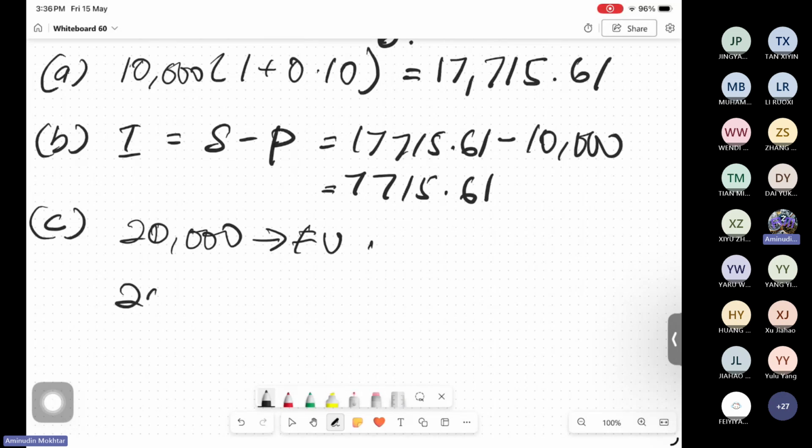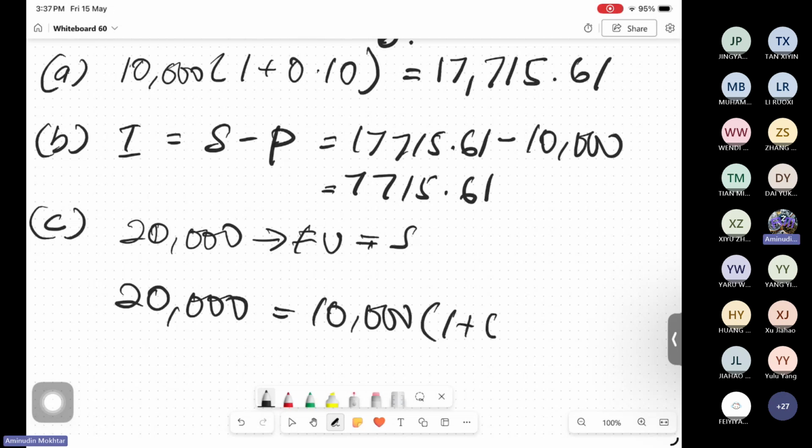So we can conclude here that S equals 20K, equal to P, 10,000, times 1 plus 0.10, 10% per year, to the power of N. But now we need to define what N is. N is the number of years.